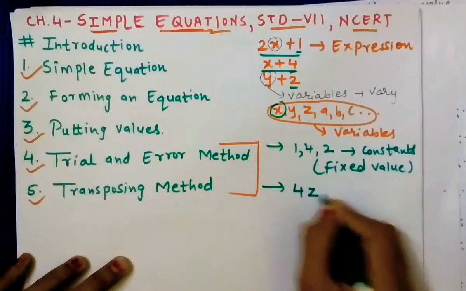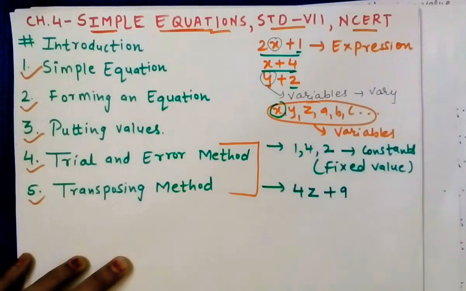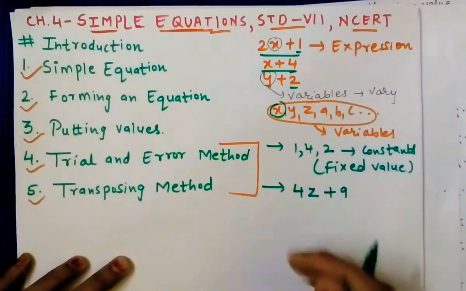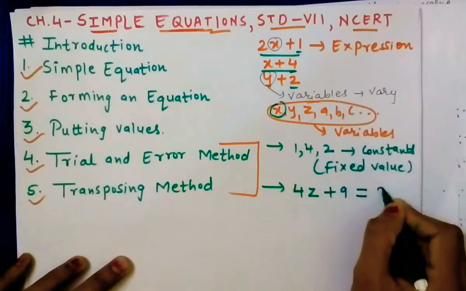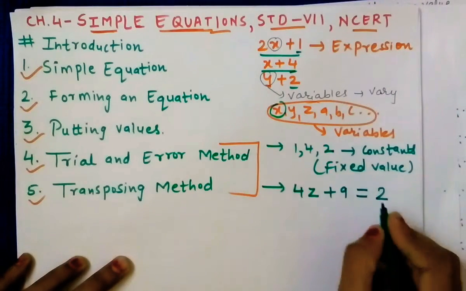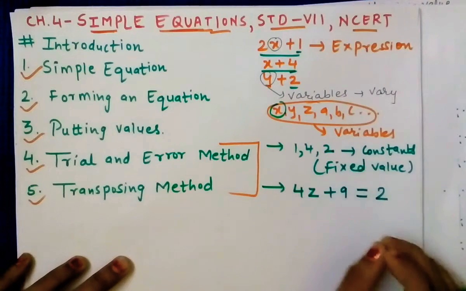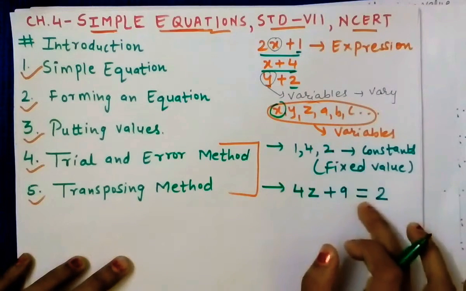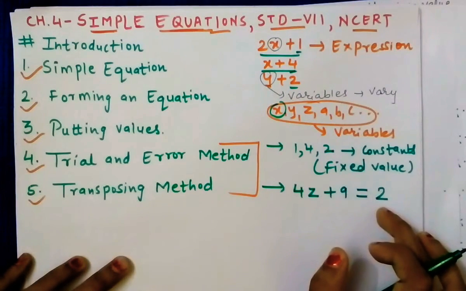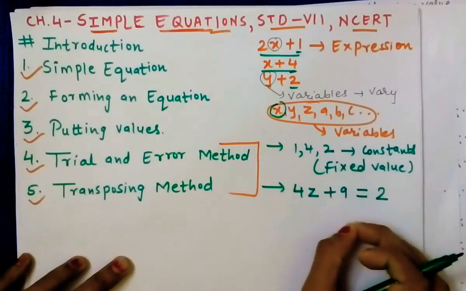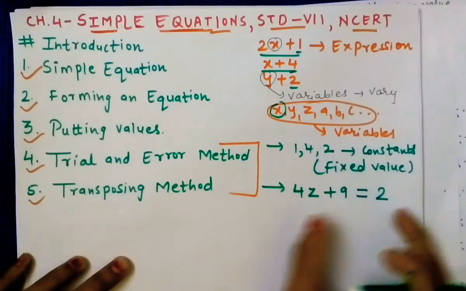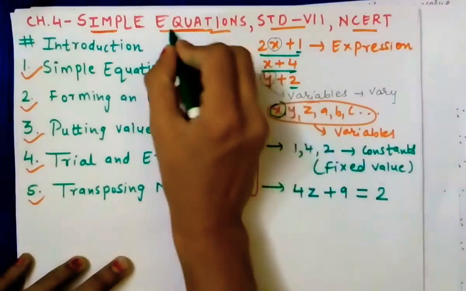This is an expression. Now if I add equal to 2, what I have added is the equality sign. This equal to sign makes this expression an equation. So whenever there is an equal to sign, the expression is called an equation.